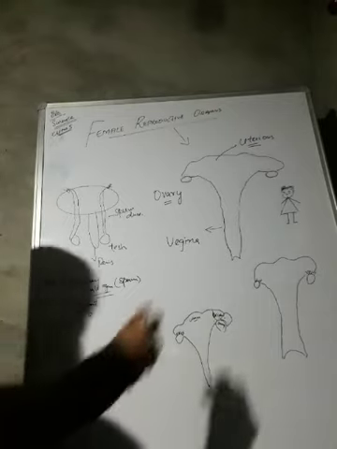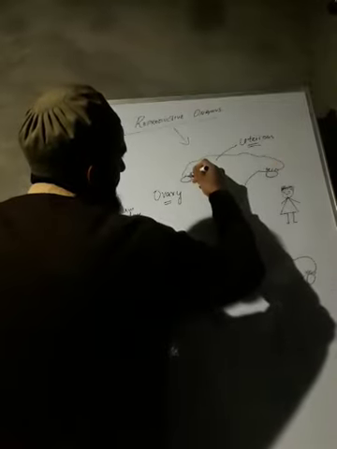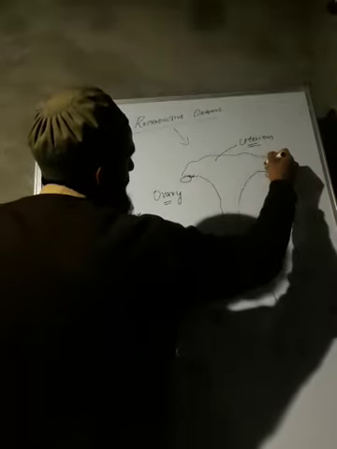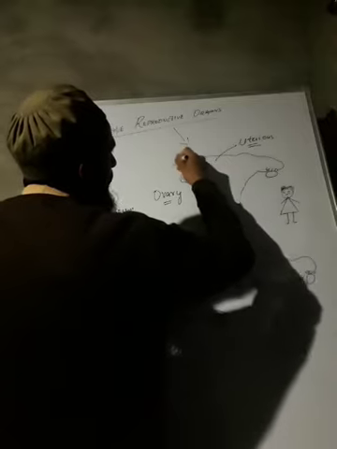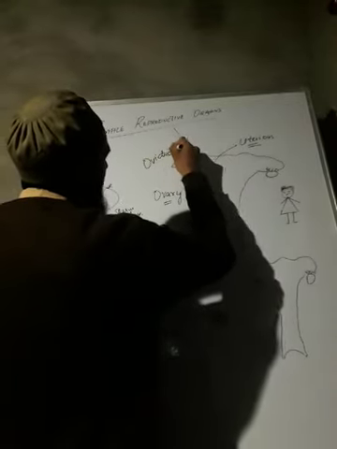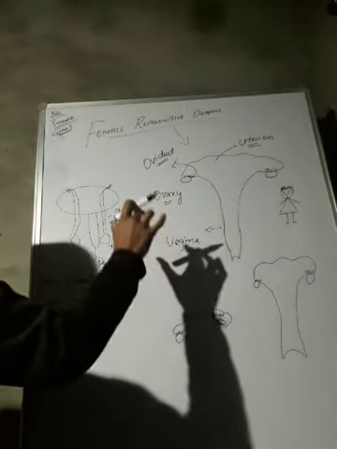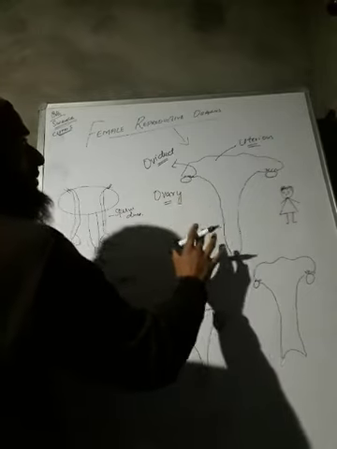The fourth one is this one, it's called oviduct. These are the names of the organs of the female reproductive system.